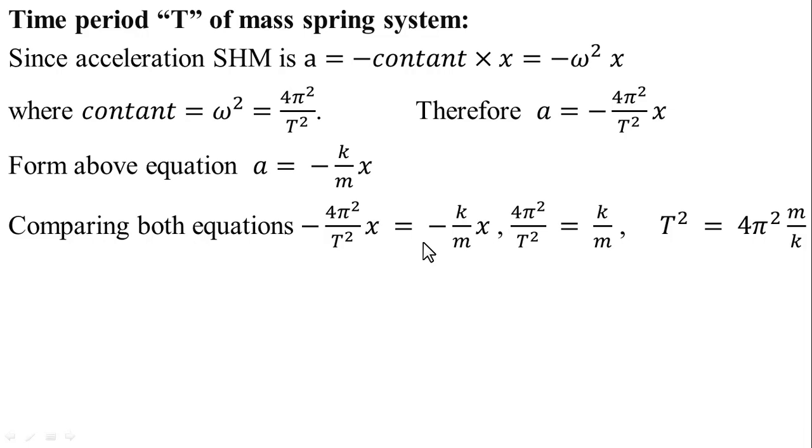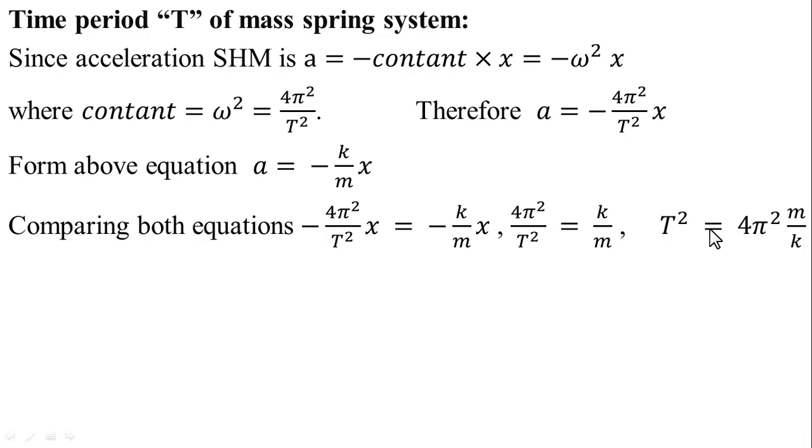The negative sign cancels the negative sign and x cancels out x. Then 4 pi square over T square is equal to k over m. Taking the reciprocal on both sides, T square is equal to 4 pi square m over k.